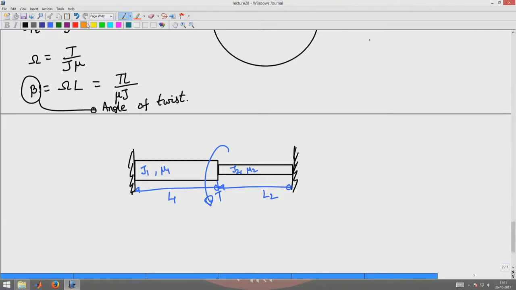Let us also call these points A, B and C. I am interested in finding the torque diagram and the angle of twist diagram. I am interested in finding these two.